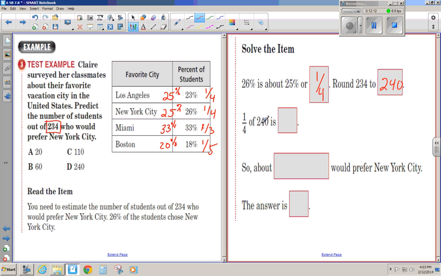And 1/4 of 240. If you do the division, 240 divided by 4 is 60. So about 60 students would prefer New York City. So the answer is B.